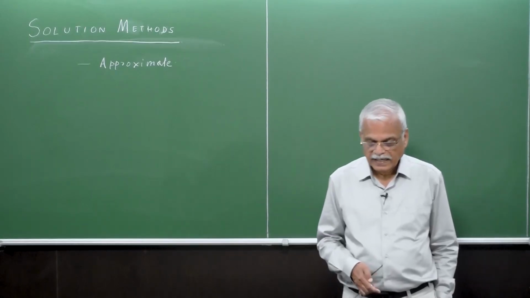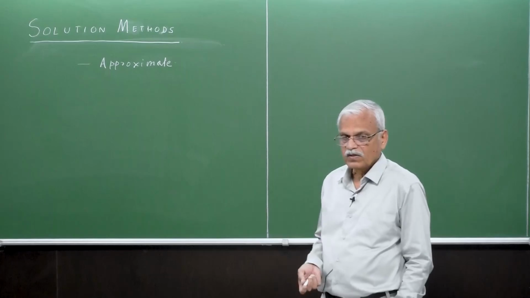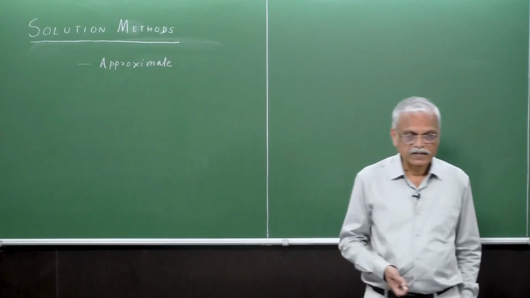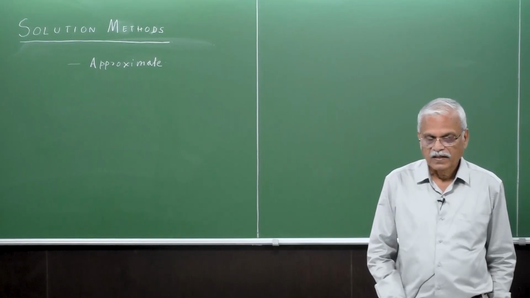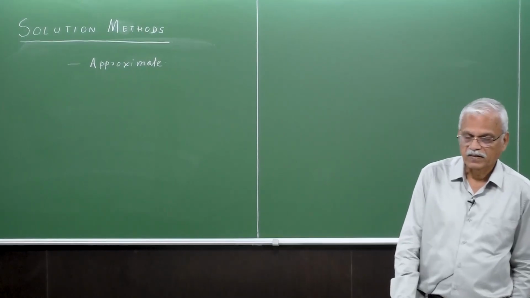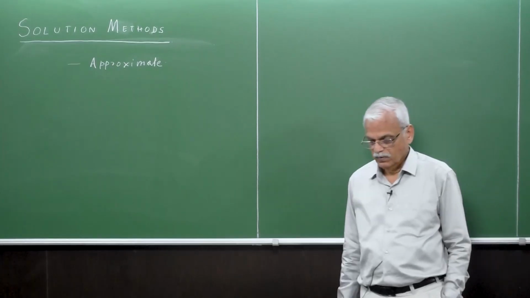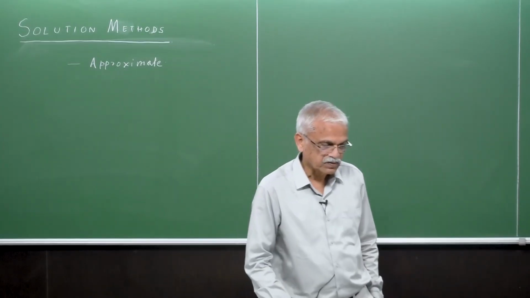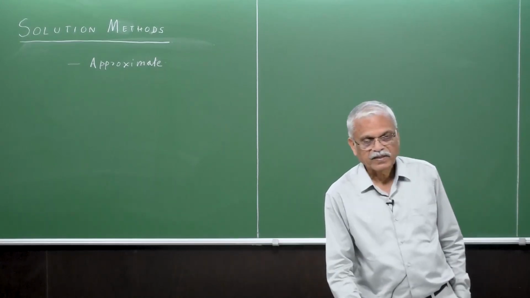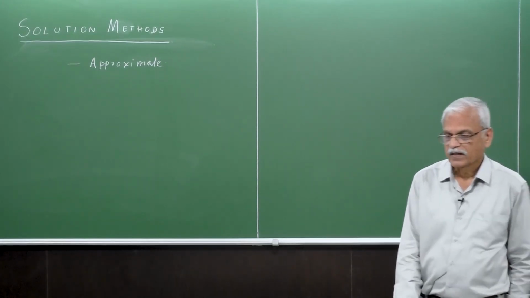So let's take that, and then we will proceed to the governing equation in the form of a differential equation. That is the second approach for approximations. And the third one, virtual work, we will take up sometime later when we talk about solid mechanics applications.